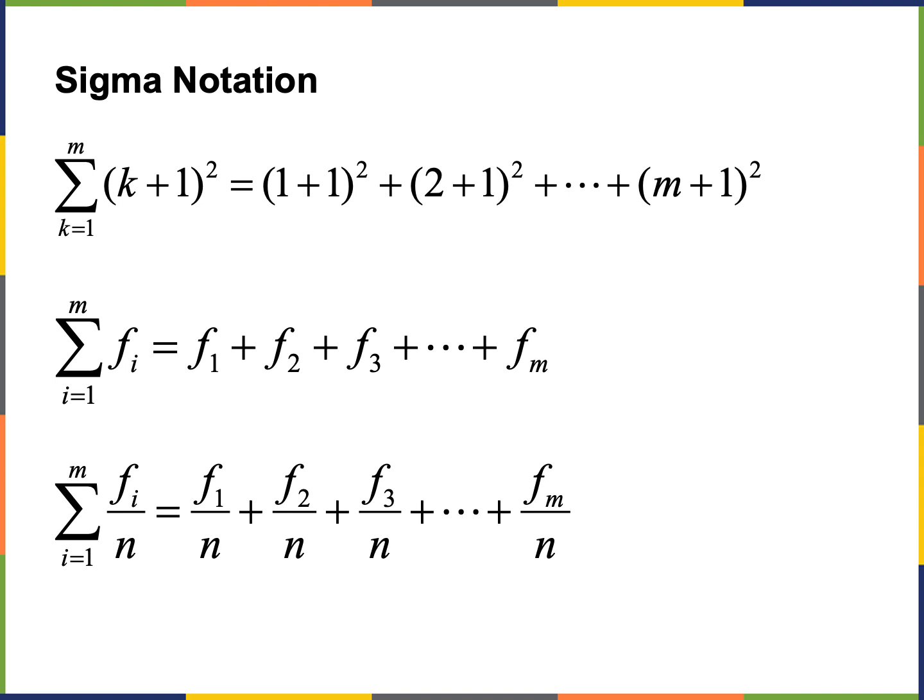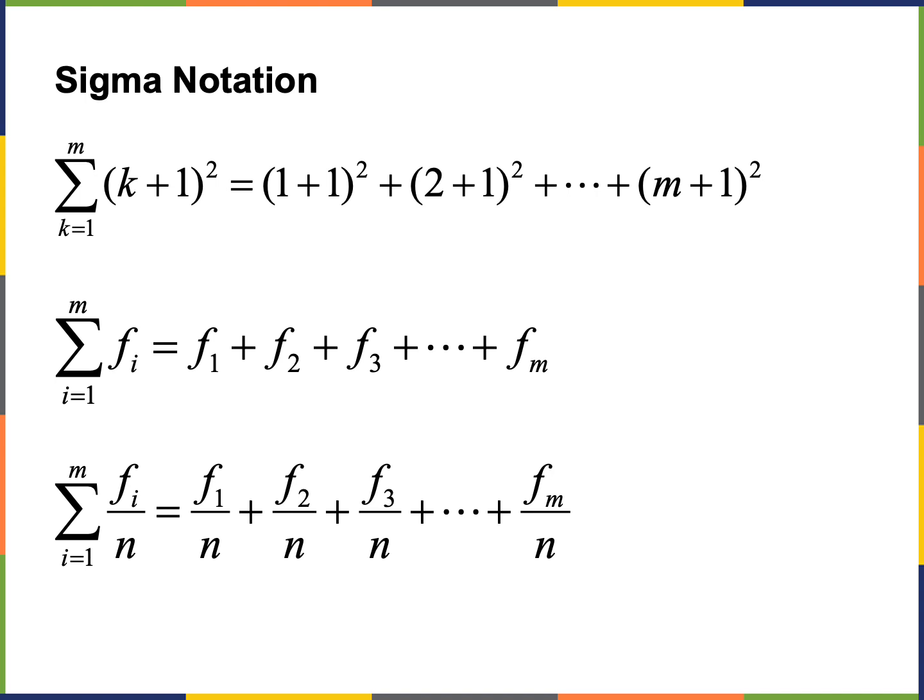Similarly, f sub i, where i goes from 1 to m, would be the same as saying f sub 1 plus f sub 2 plus f sub 3, and continuing on until you reach f sub m. And if you have f sub i divided by some number n, the i is the one that changes. This is called a dummy variable.